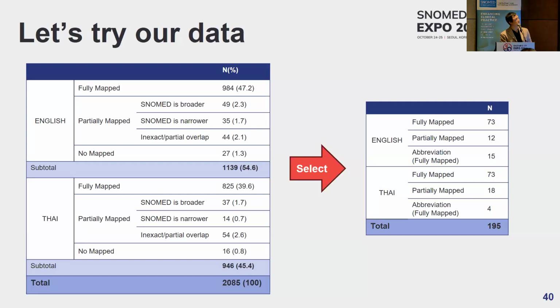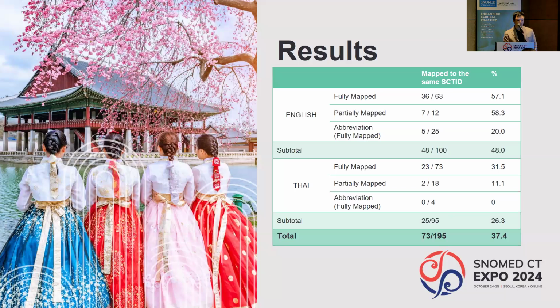So let's look at the result. For the fully mapped terms, mapped to the same SNOMED CT ID, out of 63, 36 were exact matches, which is 57%. For the partially mapped terms, performance is almost similar to the fully mapped. With abbreviations, where we didn't provide any context, it only had 20% accuracy.